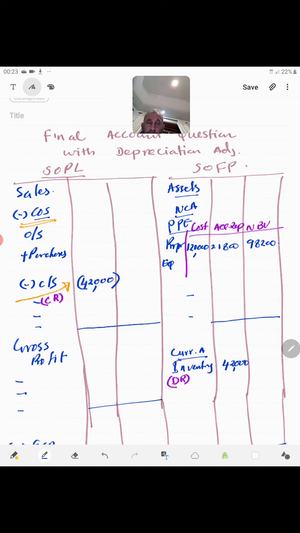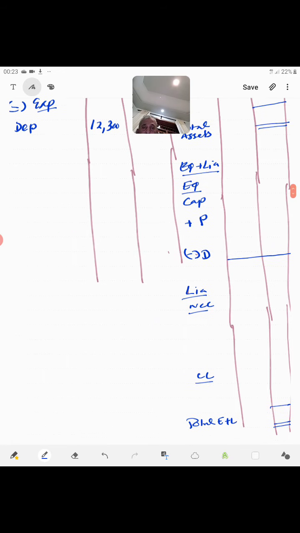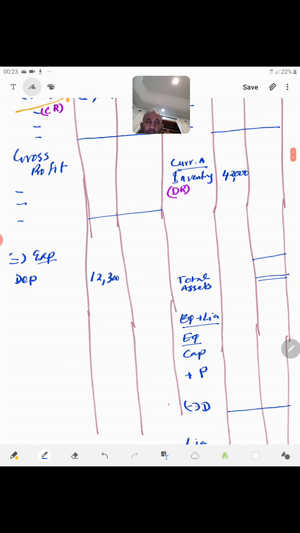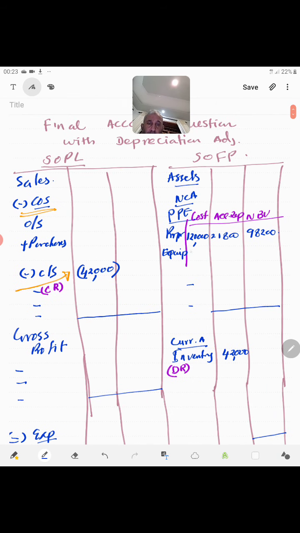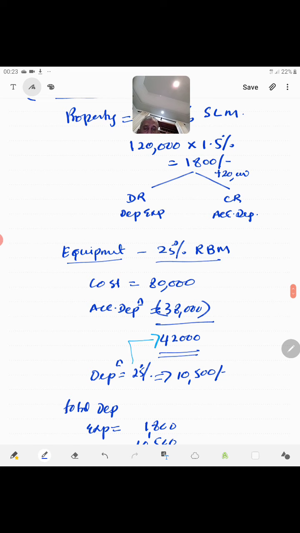Equipment. Cost of the equipment is 80,000. And accumulated depreciation will be this plus 38,000.